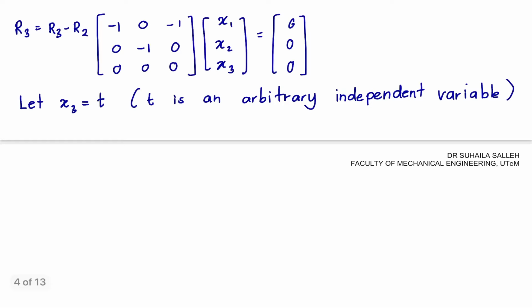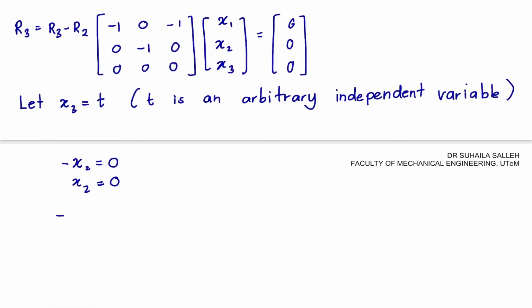If x3 is equals to 3, we apply into our second row. From the second row, we have minus x2 equals to 0. So that means our x2 value would be equals to 0. Next, you need to find your x1. Where do you get that? You back substitute into the first row.